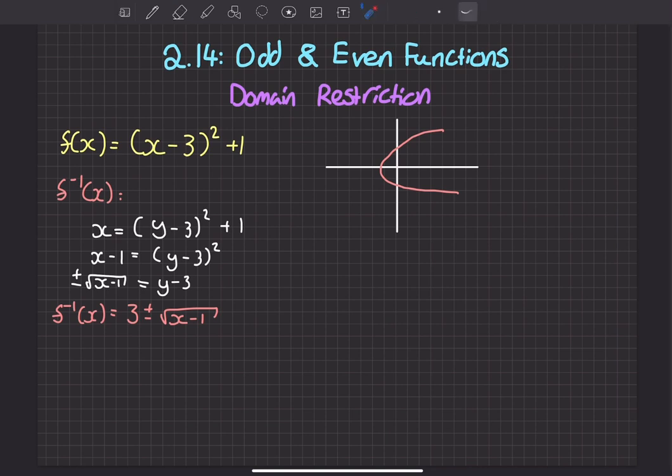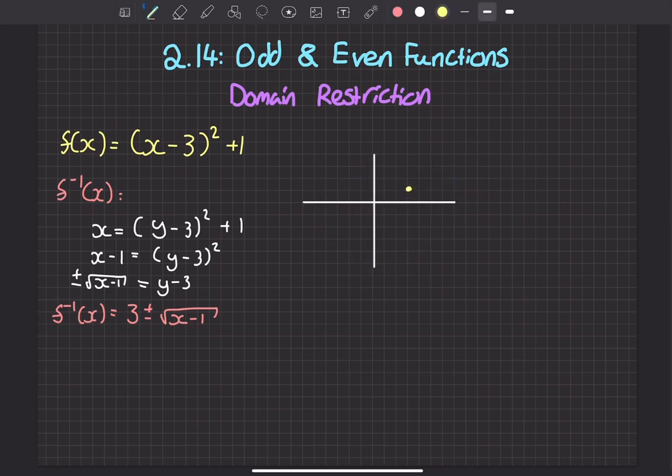Well, it's actually pretty simple, and it's something called domain restrictions. So if we remove the inverse, and if we put the normal function, since it's in vertex form, we know that x equals 3, y equals 1. That's the coordinates of the vertex. So x equals 3, y equals 1. That's the vertex here. And just move the whole thing down a bit. If we draw the function, it will look like this, right?